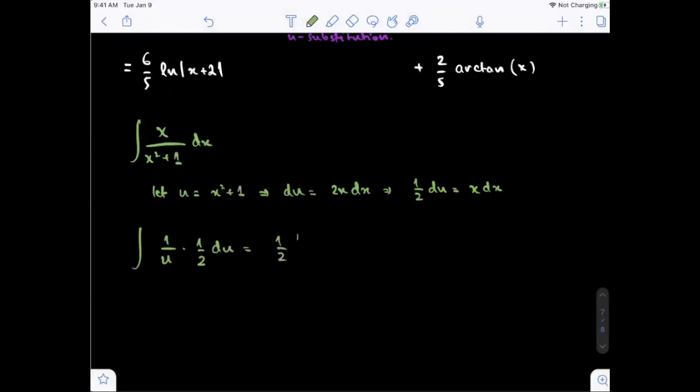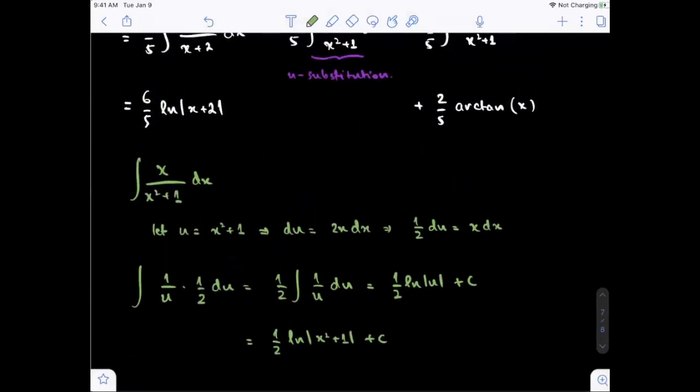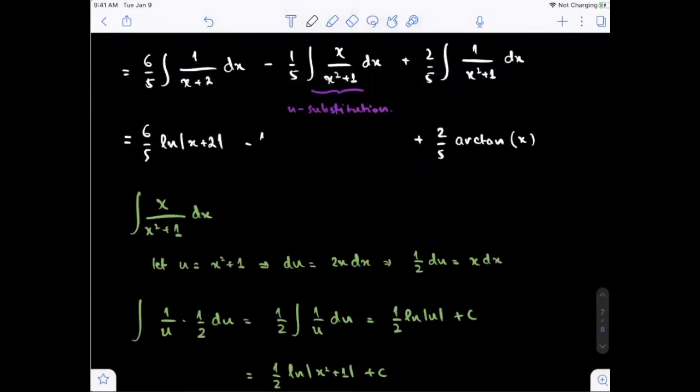This is 1/2 times the integral of 1 over u du. This is 1/2 times ln of absolute value of x squared plus 1 plus constant c. So you bring this into the problem, you have negative 1 over 5 times 1/2 times ln of the absolute value of x squared plus 1. Don't forget to add plus constant c at the end.